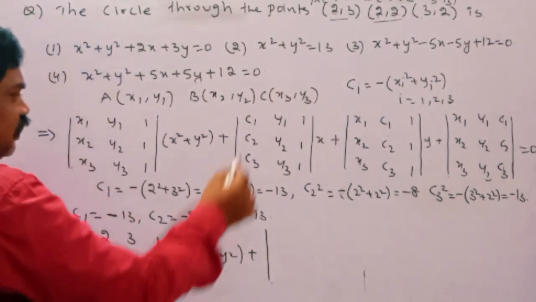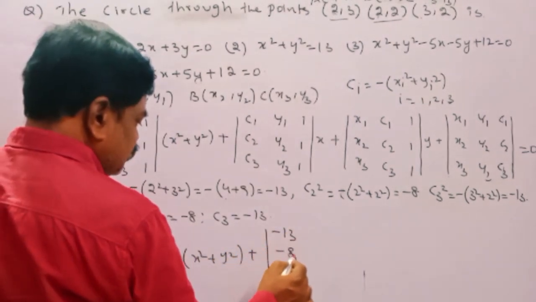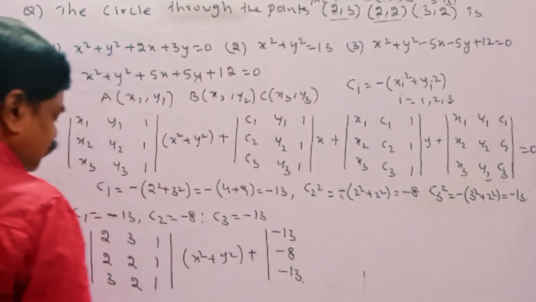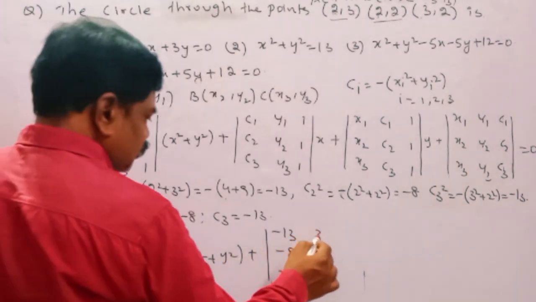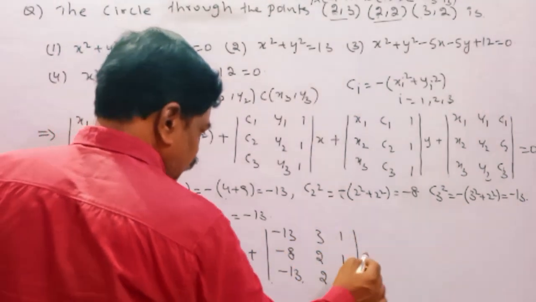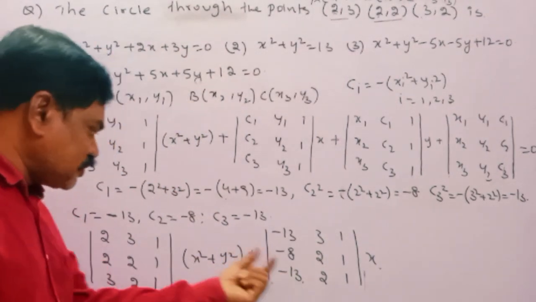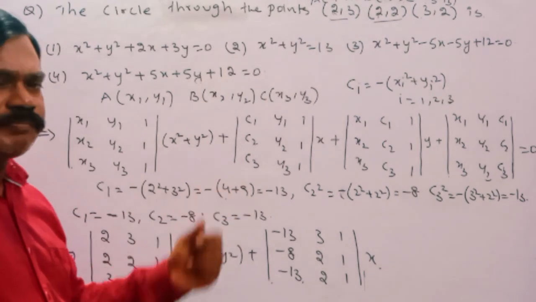Then C1, C2, C3, minus 13, minus 8, minus 13, and 3, 2, 2, 3, 2, 2, 1, 1, 1 into x. In place of x terms, you can substitute C1, C2, C3.